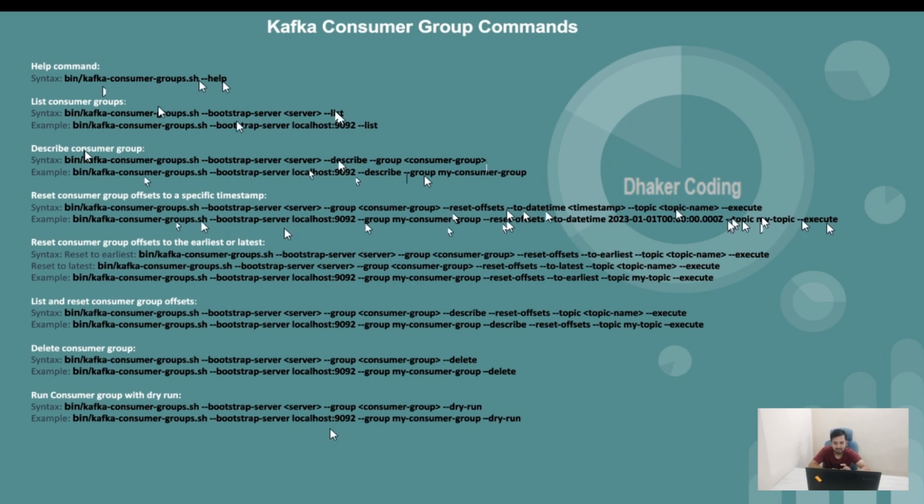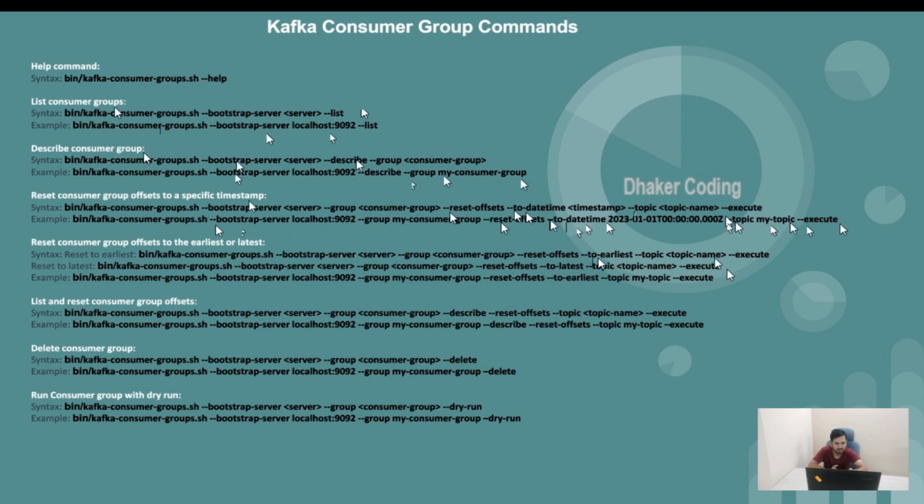Now, let's say you don't want to reset the offset to a specific timestamp, you want to set it to the earliest or the latest available one. You can give the options in the same reset offsets command: --to-earliest for this topic, or --to-latest.